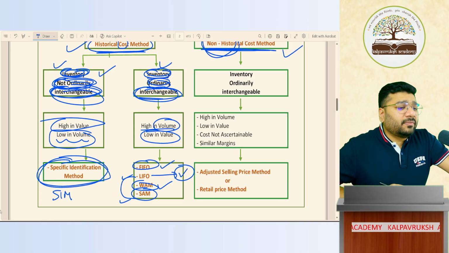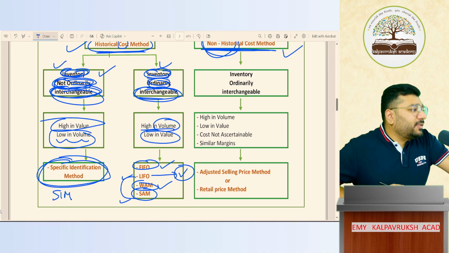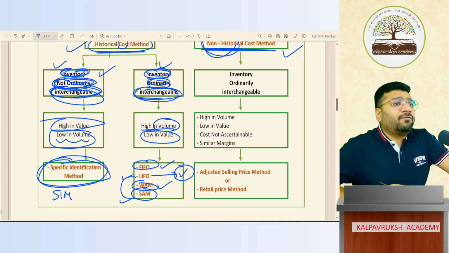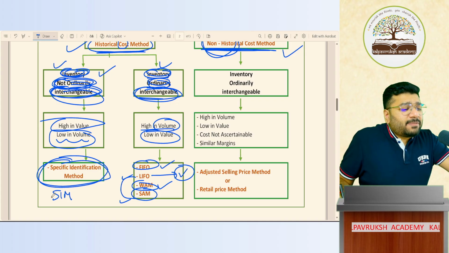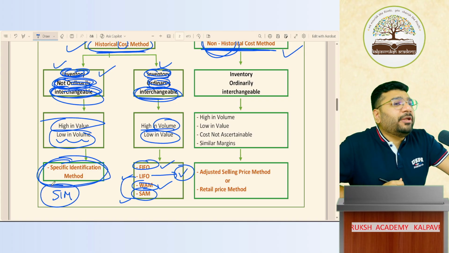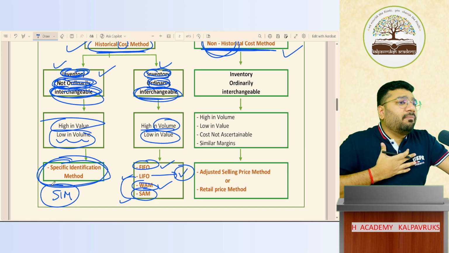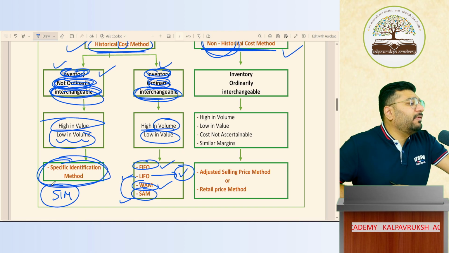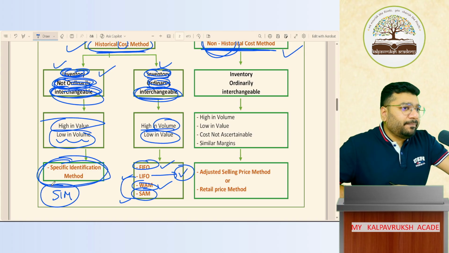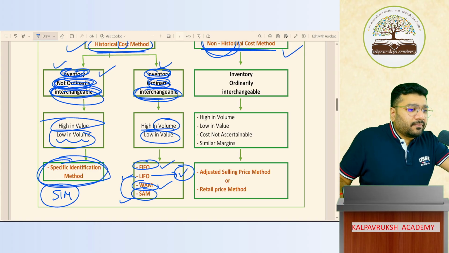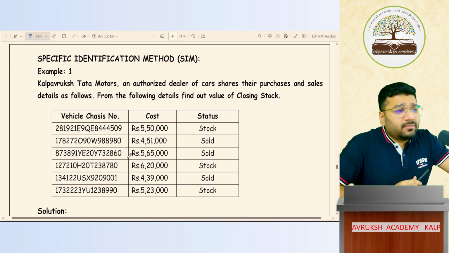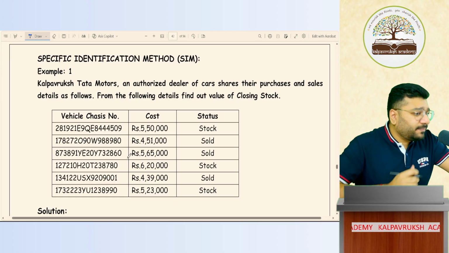Okay. Now, can we do questions based on this? Unfortunately, based on specific identification method, there is no question in your ICA module. So for my satisfaction and your satisfaction, I've given one question. If you take your scanner, ACE, that is the inventories scanner, if you come at the end, I've given examples.